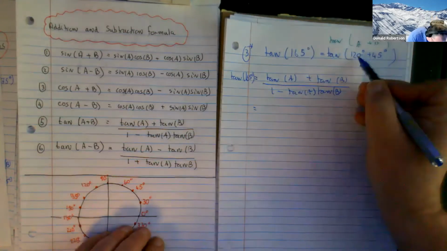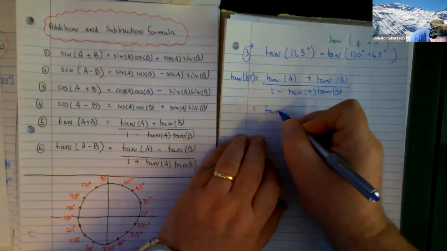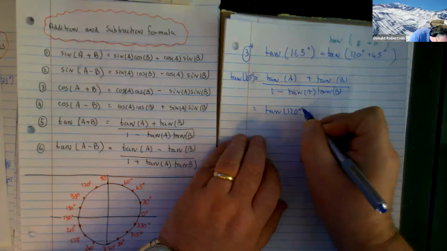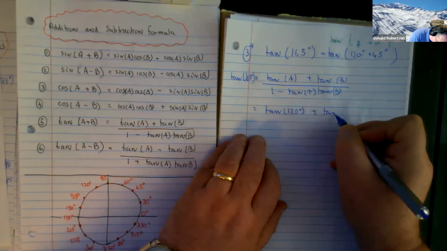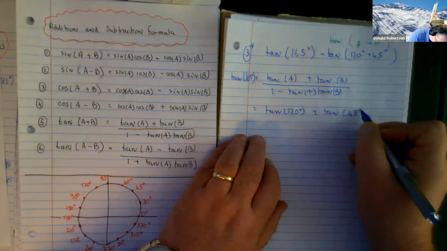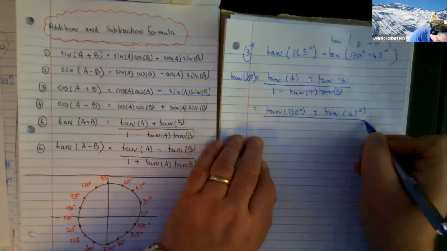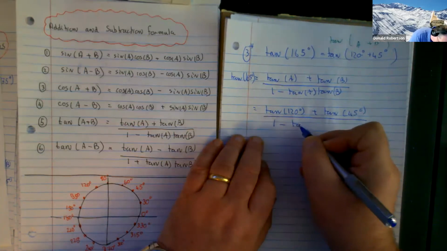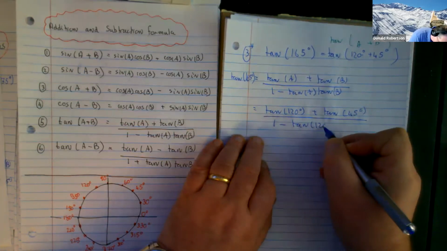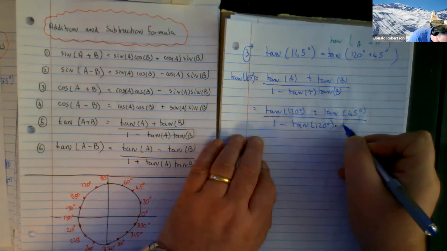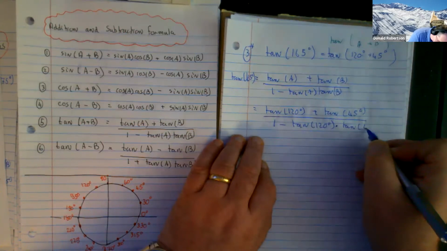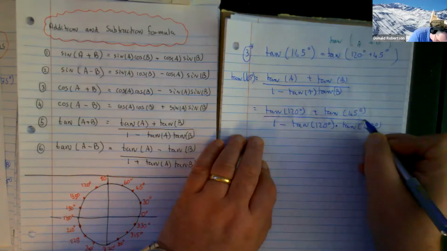So the tangent of 120 plus the tangent of 45 degrees, over 1 take away the tangent of 120 times the tangent of 45 degrees.